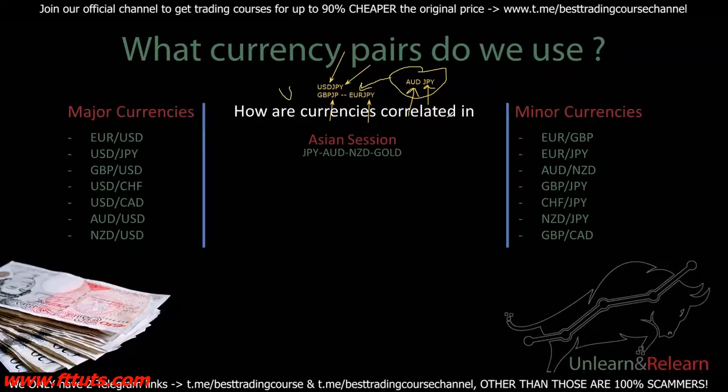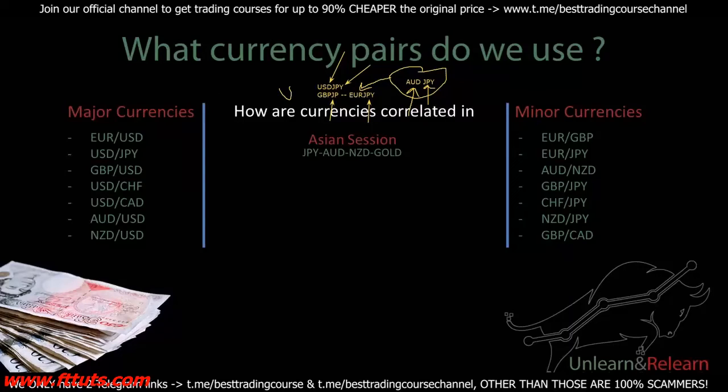That's why my main objective in the Asian session is to focus only on either the pound yen, the euro yen, or the USD yen, because I know these pairs are only influenced by just one currency. I'm not going to look at AUD JPY because it's influenced by the Australian dollar and the Japanese yen, so it would make no sense.